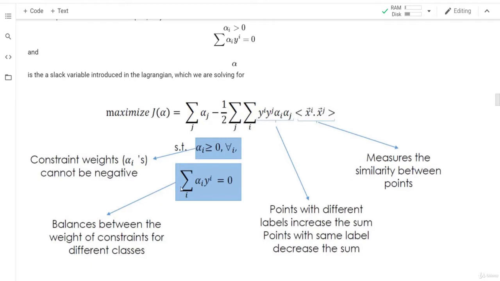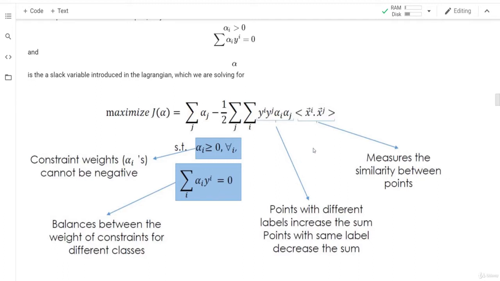This is the first constraint. And the second constraint is that the summation of alpha i times y i should be equal to 0. These are the two constraints we have for our optimization problem. We don't really care about this right now. This is all the mathematics you can see in the resources, but I'm just explaining what's happening in general terms.